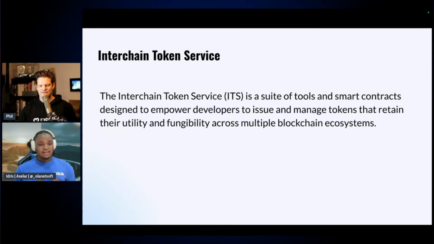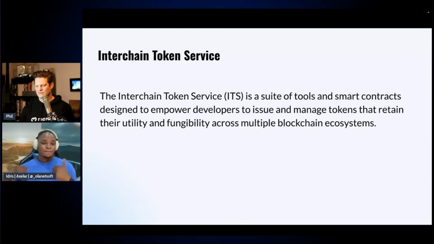Because you can easily leverage interchain token service to move or connect your existing token on one chain into 15 plus blockchains in a few clicks, and you'll be able to deploy those tokens across all those chains. And not just deploying, but being able to transfer them from one protocol, one chain to the other.